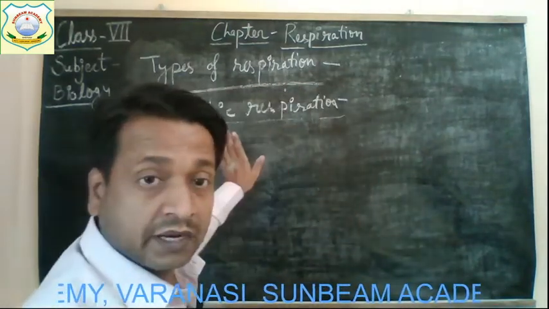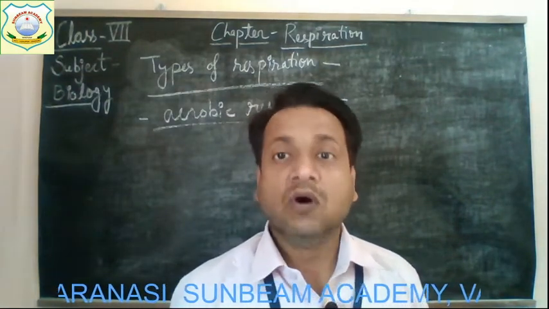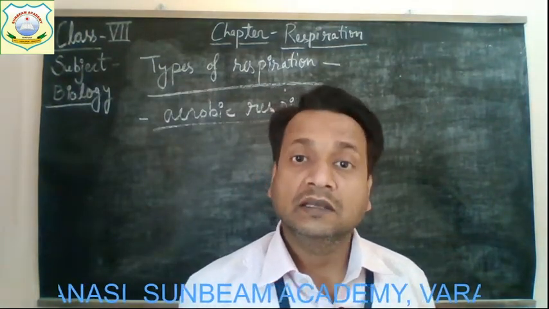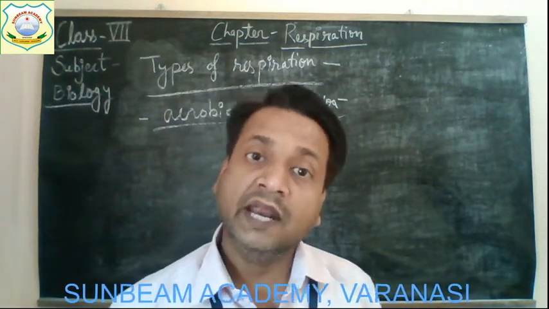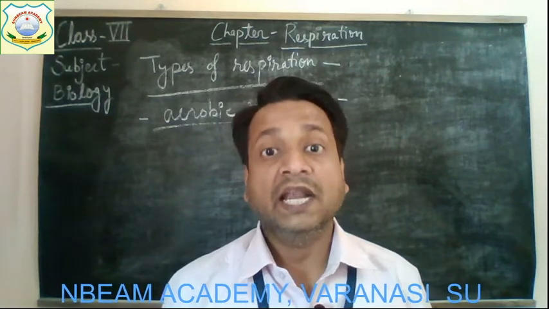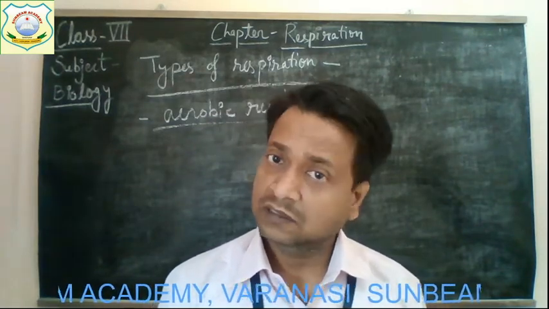And in this aerobic respiration, food in the form of glucose is oxidized. And after oxidation of the food, carbon dioxide and water form. And also in this process, energy is released. Get it?